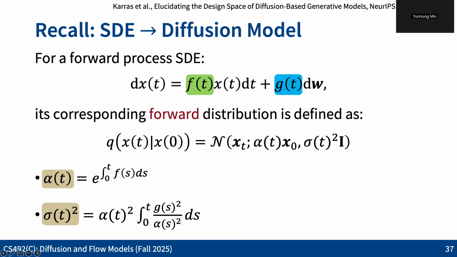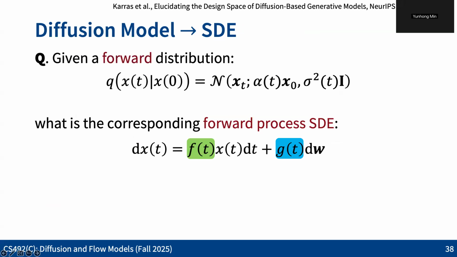So what we have seen in the previous slide is that given the forward SDE, we could derive the forward distribution like this. Actually, we want to do the opposite, right? Given any definition of the forward distribution, what would be the corresponding forward process, the SDE? So this is the main quiz.